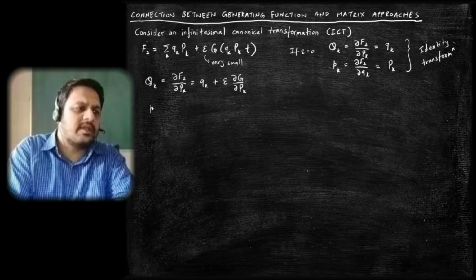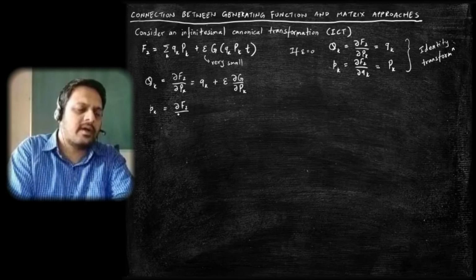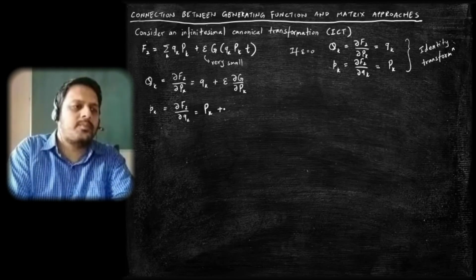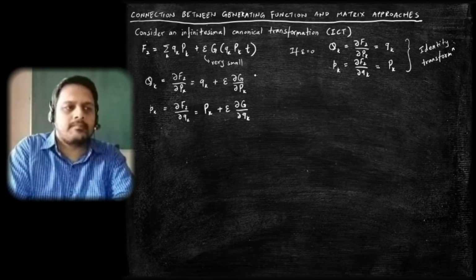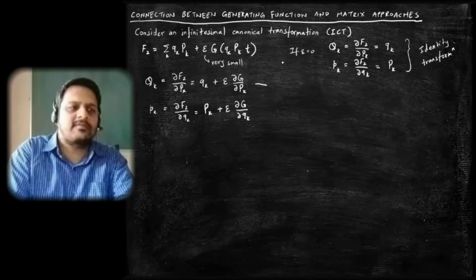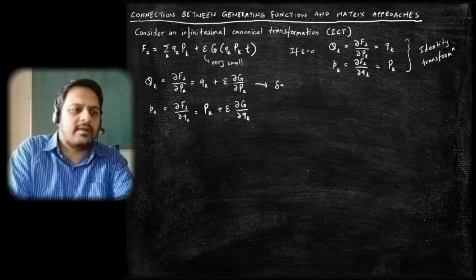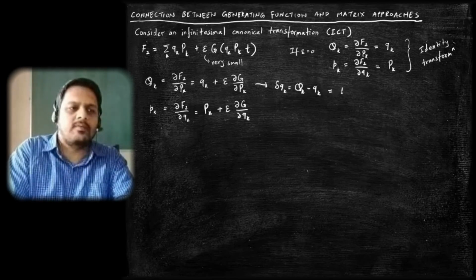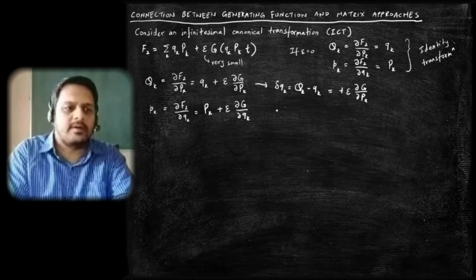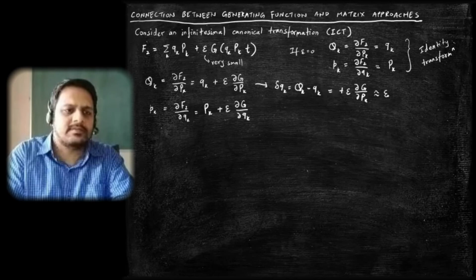Yes, sir. And similarly, if you write down the expression for Pk, which will be ∂F2/∂Qk, we will find that this is Pk plus epsilon times... Now if you pursue this further, delta Qk, which is the new variable minus the old variable, will be equal to plus epsilon ∂G/∂Pk, which I am going to approximately write as plus epsilon times ∂G/∂pk.